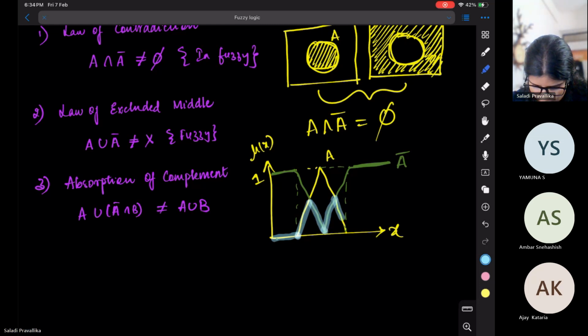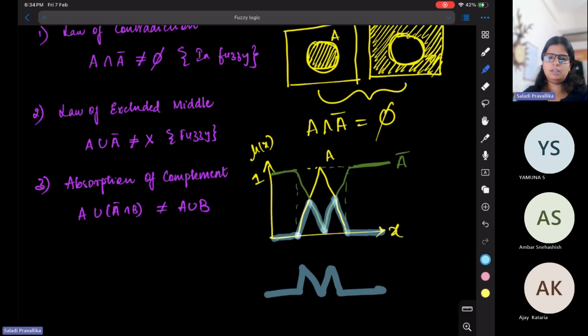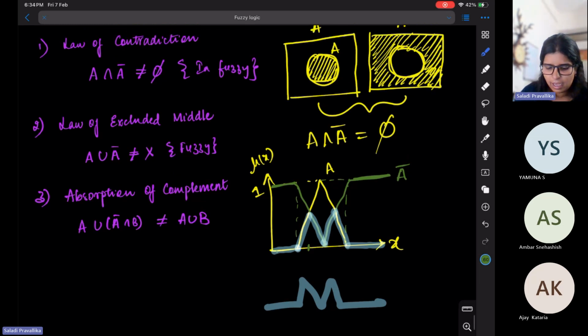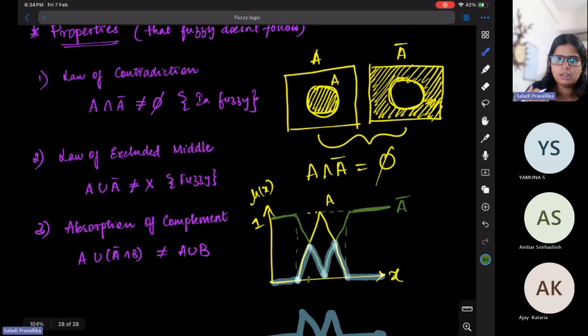It is basically forming this shape in the graph. So it is definitely not null. At some values of x, we do have some membership function value, so it is not going to be a null set. Hence, the fuzzy set does not follow the law of contradiction.